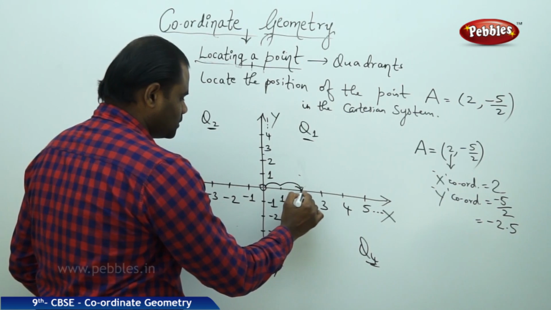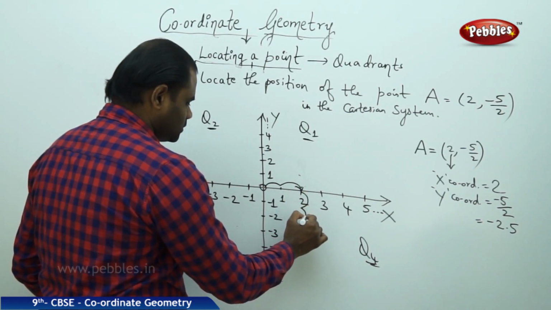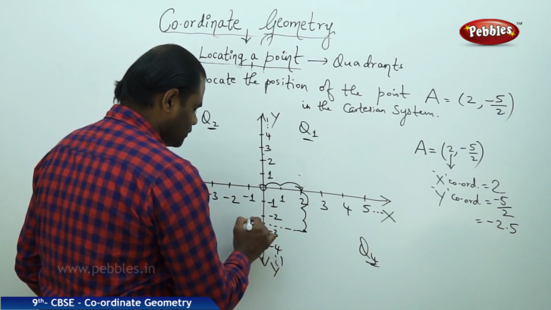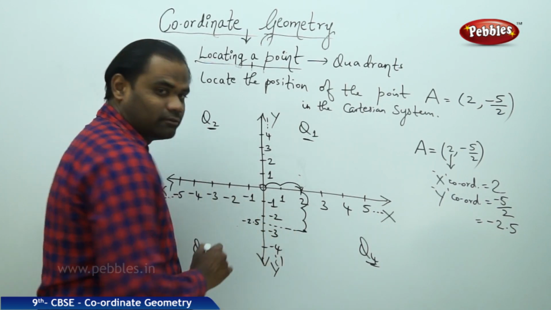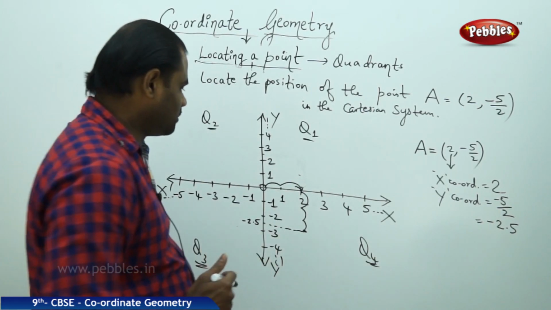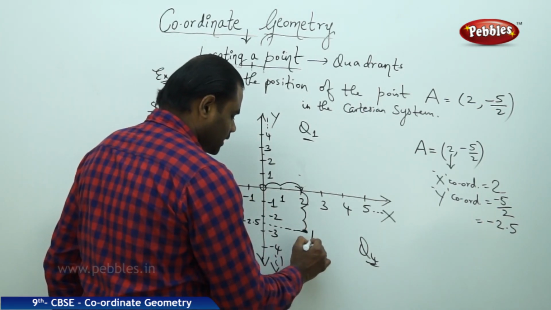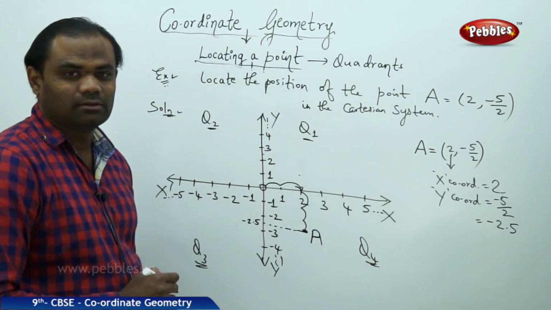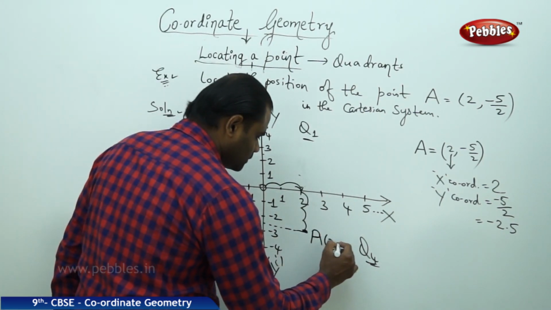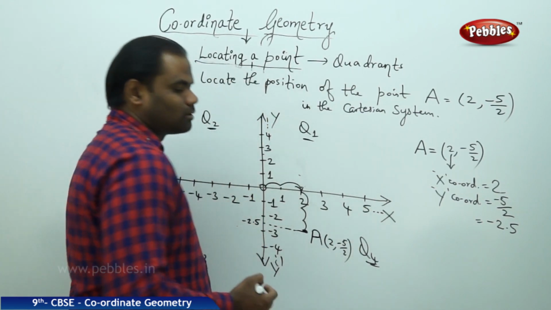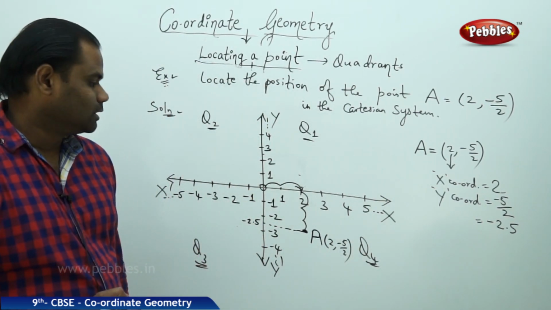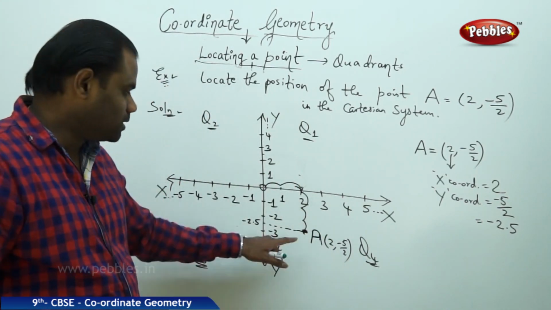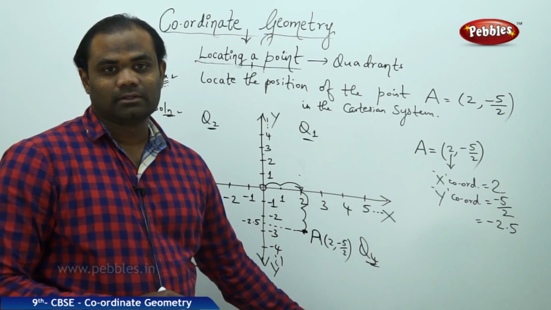So I move 1, 2, 2.5, exactly negative 2.5. Therefore, my point is now located here. My point A is out here, which is (2, -5/2) or (2, -2.5). So the point A is identified in the Cartesian system to be in the 4th quadrant.